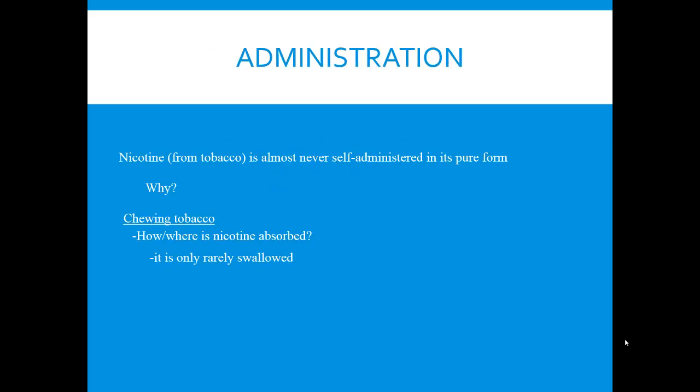Nicotine from tobacco is almost never self-administered in its pure form. And you might already know why. This is because nicotine is pretty poisonous if it's administered in its pure form. It's very toxic, very dangerous in its purest form.